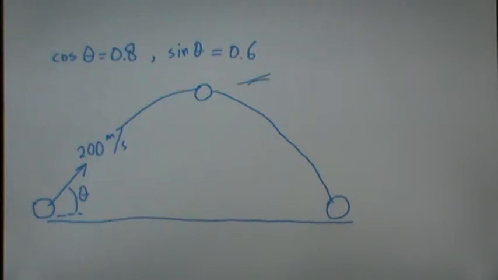Now, let's find the value of the initial velocity in x direction, V0x, and that's 200 times cosine theta 0.8, and here we get 160 meter per second.